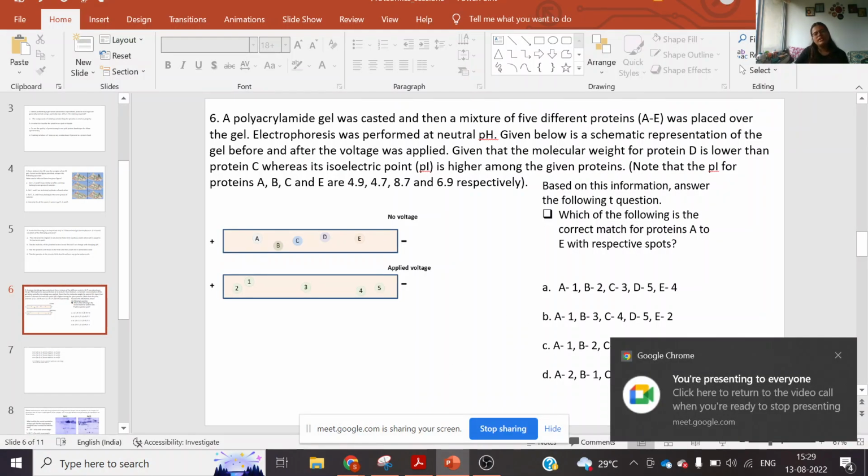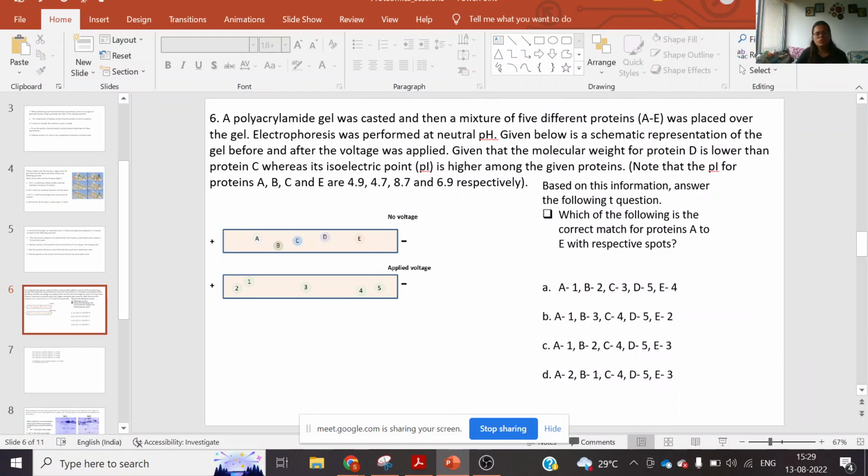A polyacrylamide gel was cast and then a mixture of 5 different proteins was placed over the gel. Electrophoresis was performed at neutral pH. Given below is a schematic representation of the gel before and after the voltage was applied.